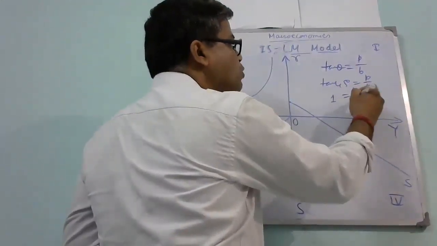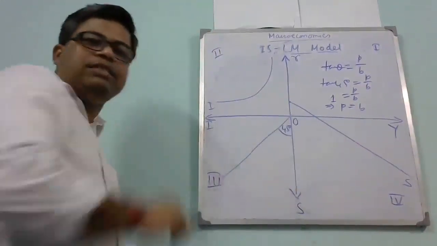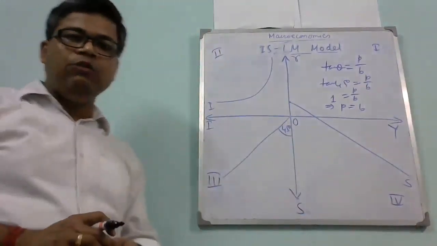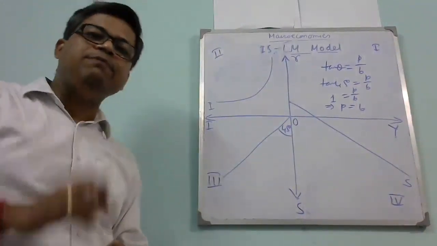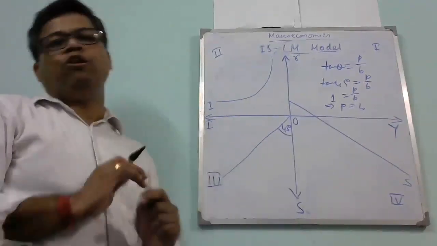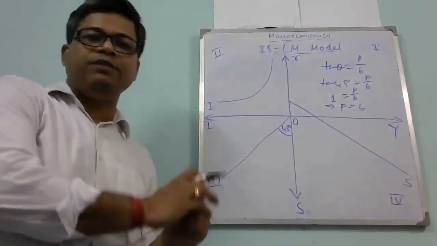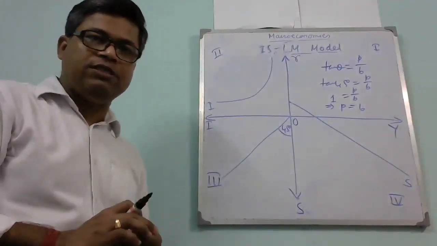So P by B equals 1. That means perpendicular equals base. Vertically we are measuring savings and horizontally investment, so investment equals savings, that gives product market equilibrium. So you can see that everywhere there is a logic: why this curve looks like this, why a curve is downward, why upward, everywhere there is a logic.